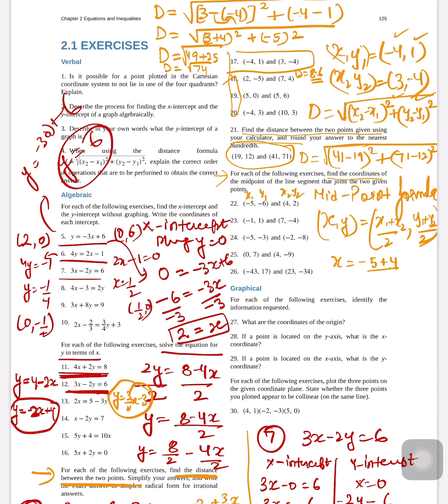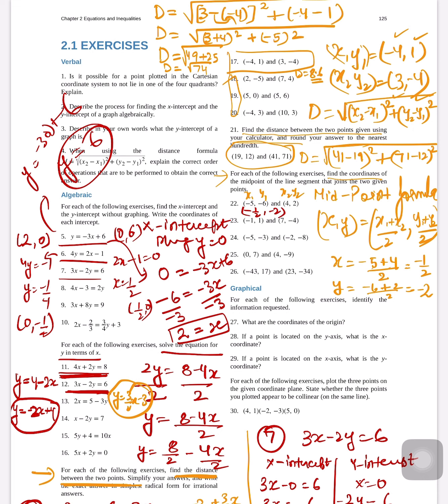So minus 5 plus 4 divided by 2 gives you minus 1 over 2. For y, we have y1, which is minus 6, plus y2, which is 2, divided by 2. So minus 6 plus 2 gives you minus 4. Minus 4 divided by 2 is minus 2, correct? So x is minus 1 over 2, y is minus 2. So your midpoint is negative 1 over 2 comma negative 2.